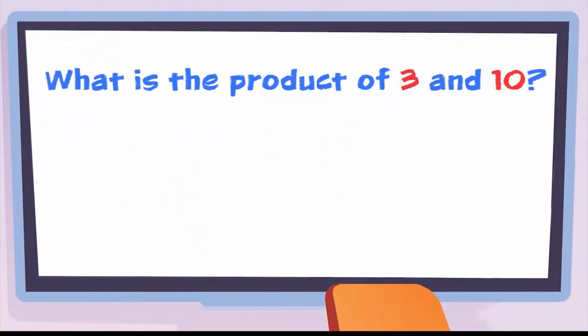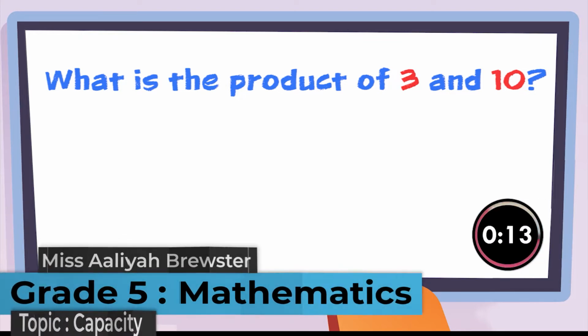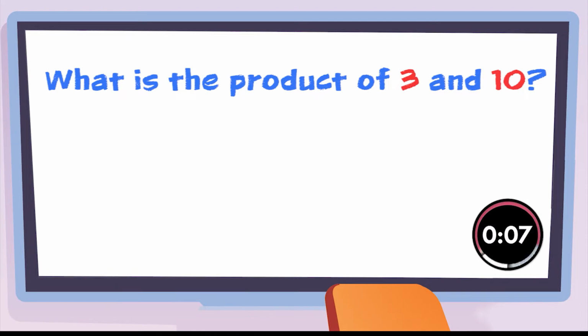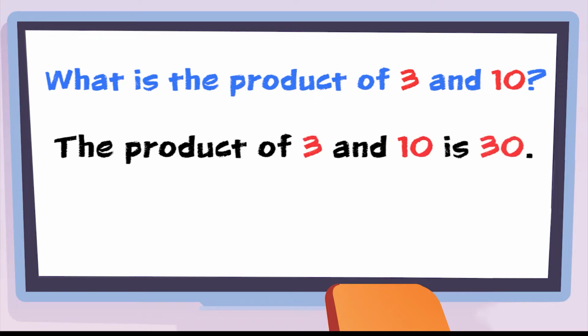What is the product of 3 and 10? The product of 3 and 10 is 30.